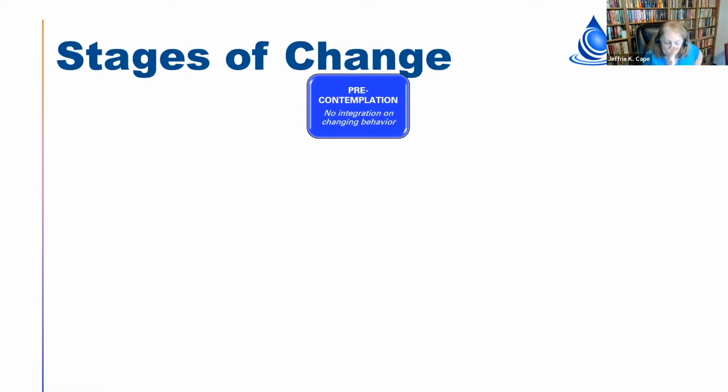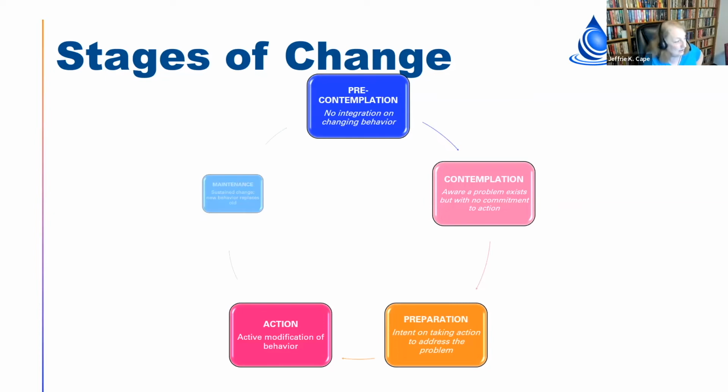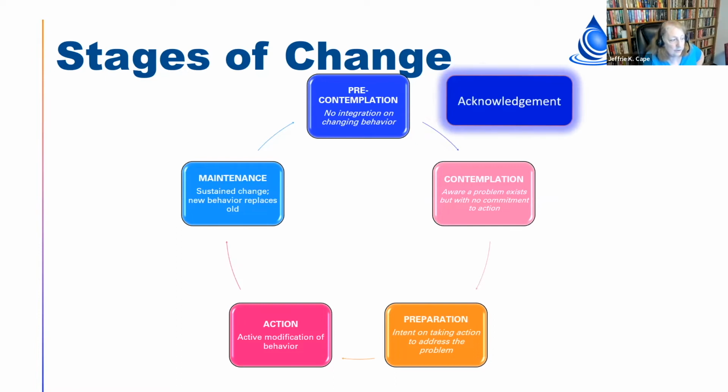So stages of change, as you may already be familiar with, starts with pre-contemplation, which is when somebody really hasn't made any changes. They're not even sure that they want to make a change. Contemplation is the part where they have an awareness there's a problem, but they're not necessarily committed to any action. And then the preparation phase is when they begin to be ready to take action to address the problem.